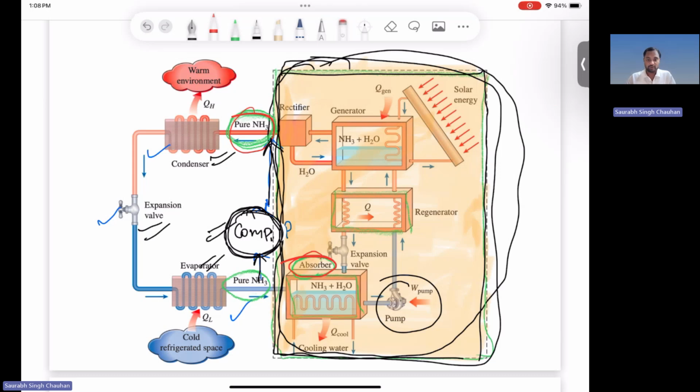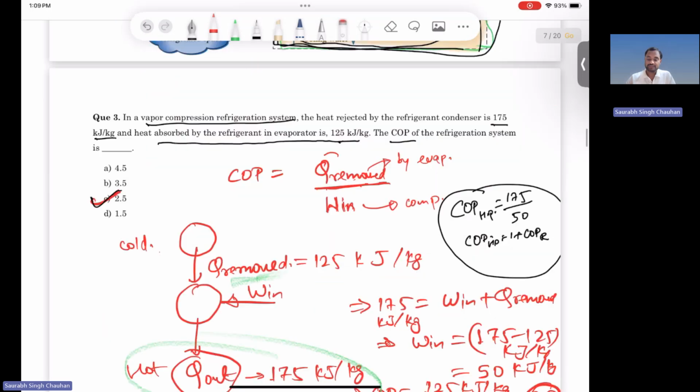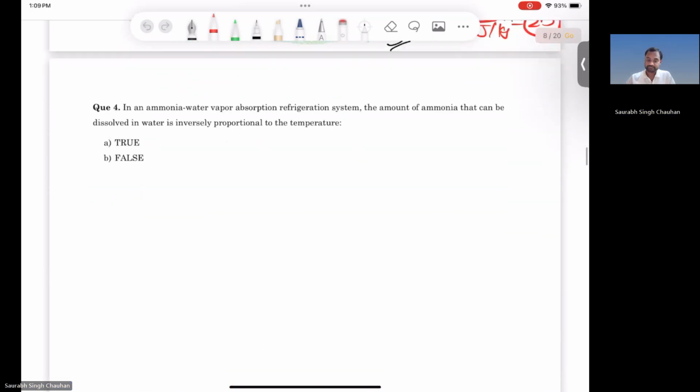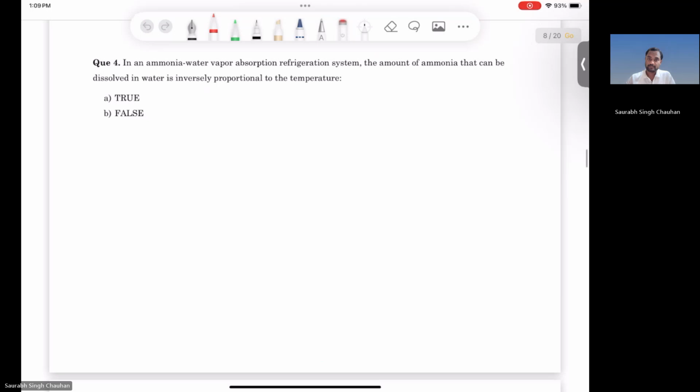This process of dissolving of ammonia into water is an exothermic reaction. Okay. When ammonia gets dissolved in water, heat is released. Okay. So this is an exothermic reaction. So if you want to dissolve more and more ammonia into the water, then you will have to take out that heat that is being generated during this dissolving process, right?